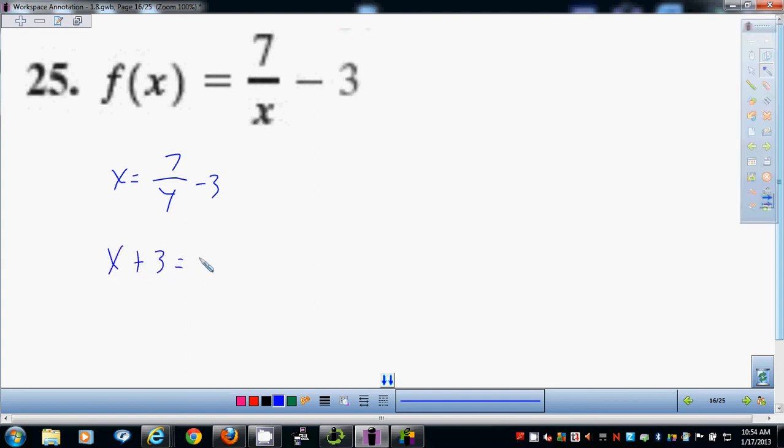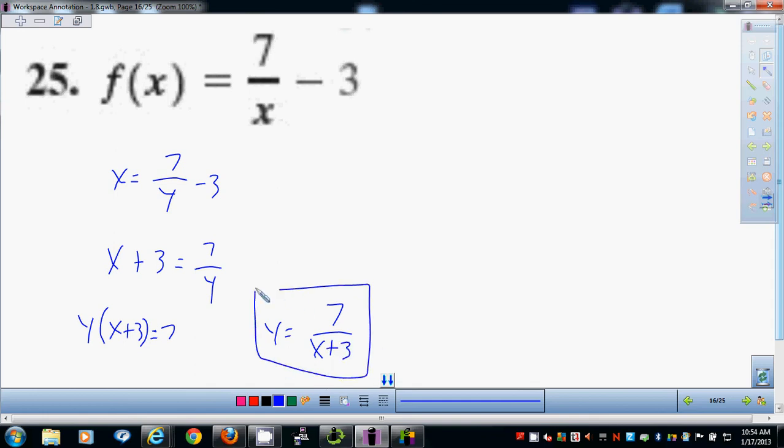So, yeah, multiply by the y. Now don't bother distributing. Just divide by the whole quantity of x plus 3. And here is your inverse. That's why I put things in parentheses, so I can remember I can just do it as parentheses. Questions on this problem?